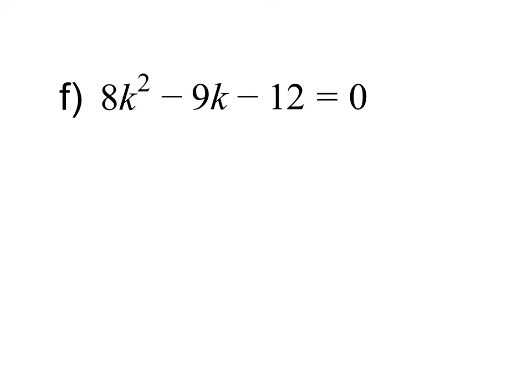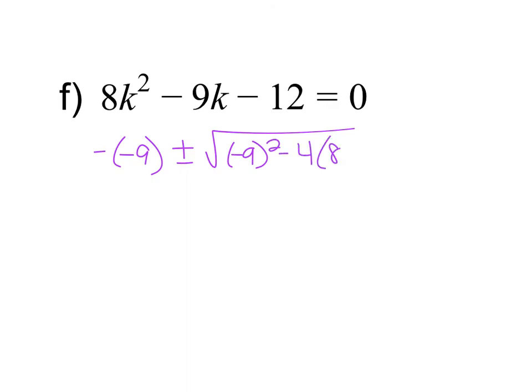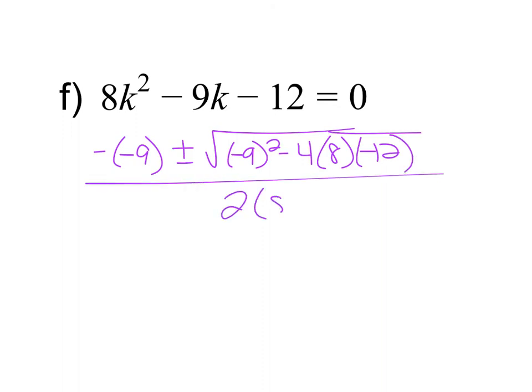So we have x equals -9 plus or minus the square root of -9 squared minus 4 times 8 times -12 all over 2 times 8.